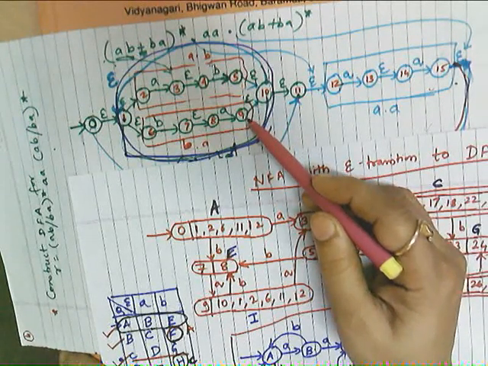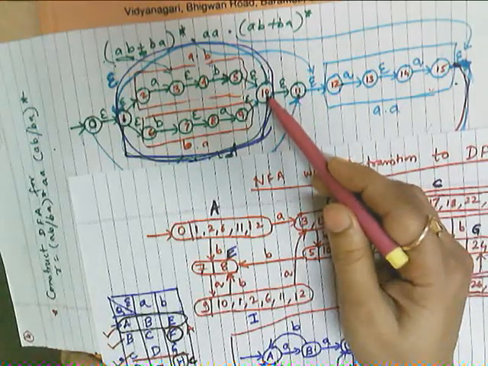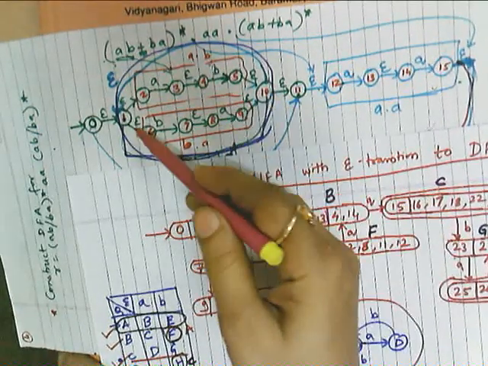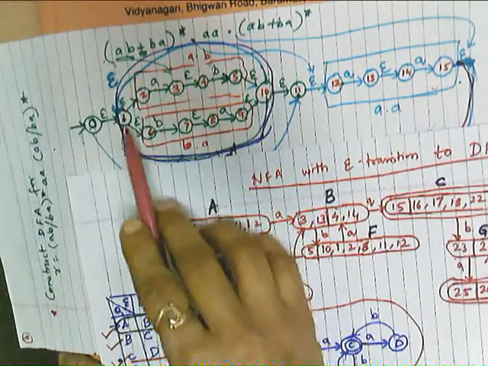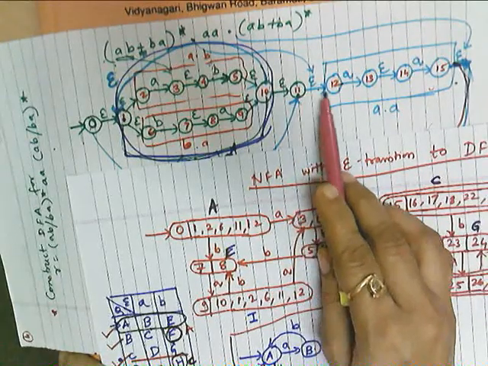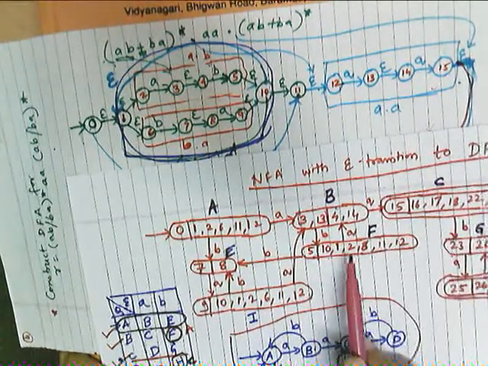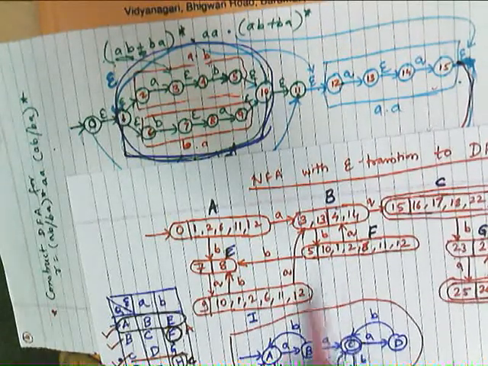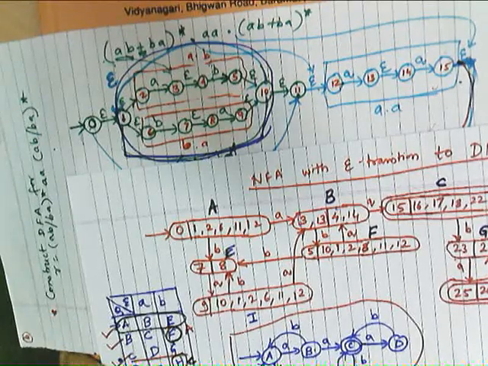So epsilon closure for this 9 is 10, then from this 10 it is also moving to 1. So 10, then 1, then 2, then 6, as well as 11 and 12. All these states will be just like we had in this state, all the states in this state which is named as 9.